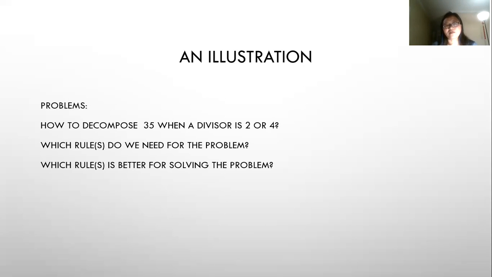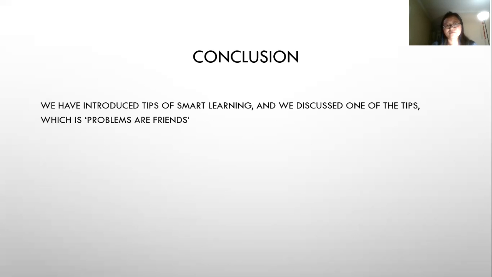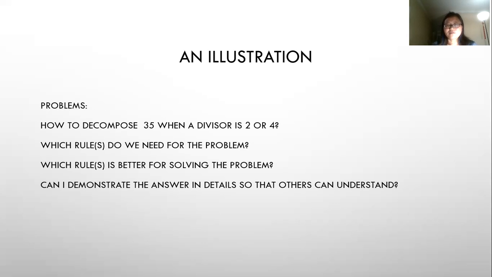The third one, we want to demonstrate our solution in front of our audience so that they can understand us in a shorter time. Okay, we say problems are friends.